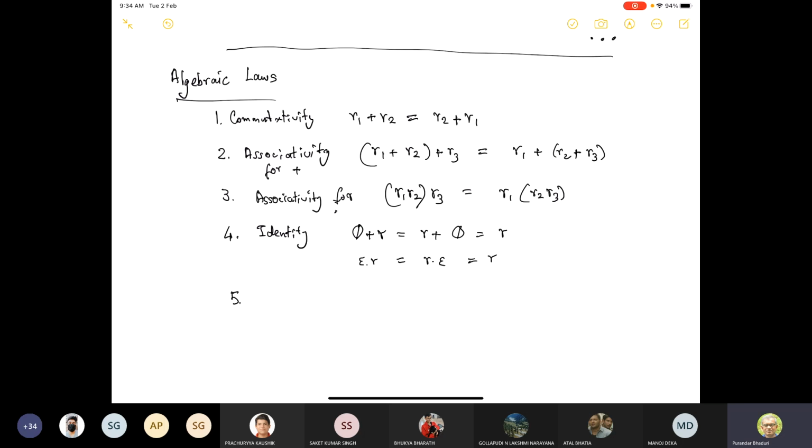Then we have something called an annihilator. So empty is the annihilator, both the left and right annihilator. So you have empty followed by R. Let me write down the name first.